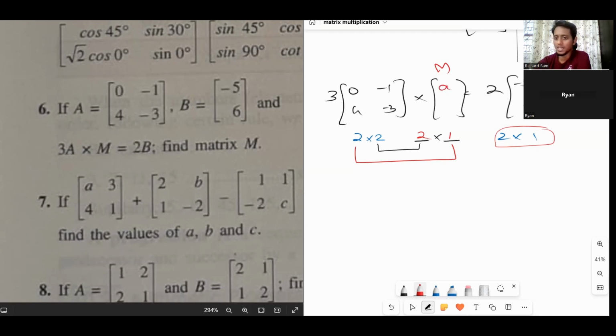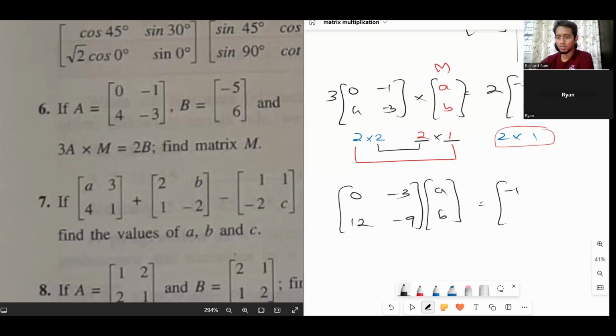We can take it as A and B. Then we solve this equation as a normal equation and find the missing values A and B. The next matrix is 3 into 0, that's 0, minus 3, 12, minus 9, into A, B, is equal to minus 10, 12. Multiply these two, you will get two equations, solve those equations and find A and B.